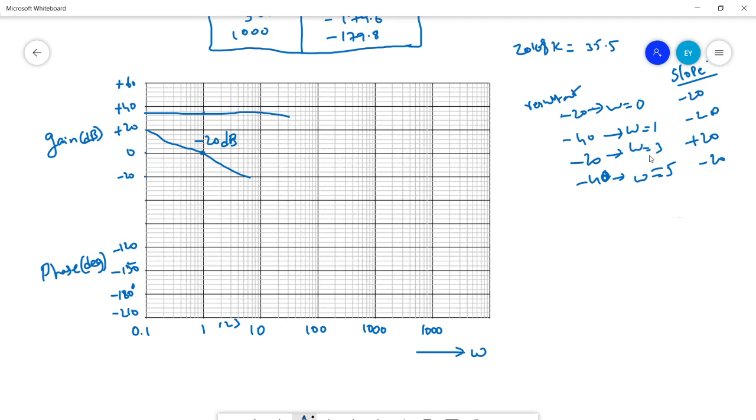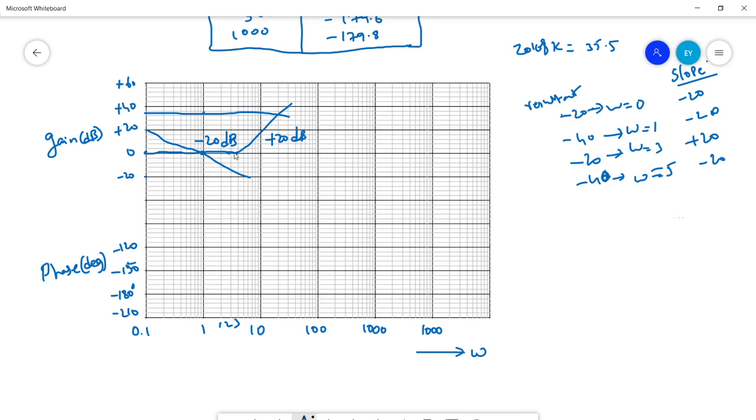At omega equal to 3, what we have is a zero. Zero means plus 20 dB, right? Plus 20 dB at omega equal to 3. That means till 3 it will be 0, and from 3 it will go as plus 20 dB, right? Then the next thing is at omega equal to 5, it is contributing minus 20 dB.